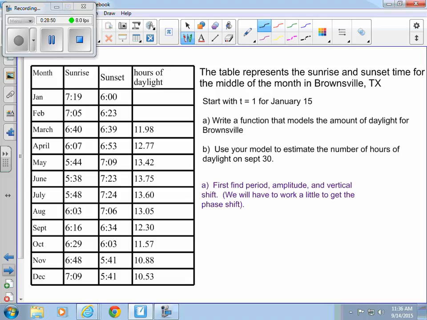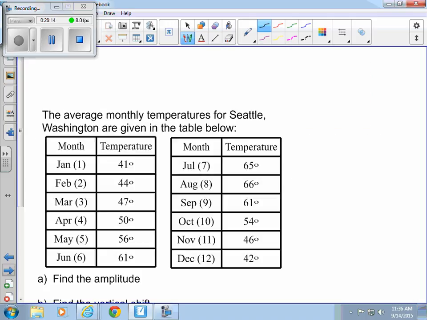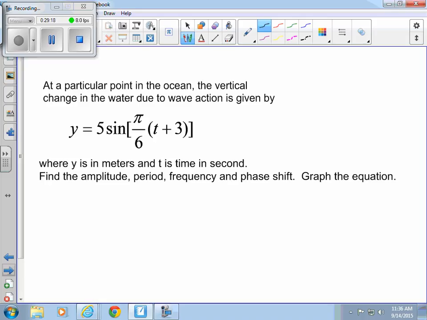This one's sunrise, sunset times instead of temperature, so it's a little different. Obviously the period's going to be different because it would probably be something more like 24 hours. But we'll do this problem tomorrow, that one tomorrow, and then we'll also do calculators.